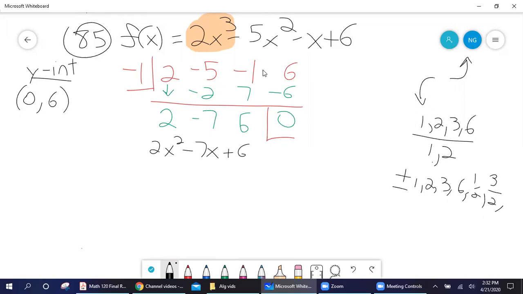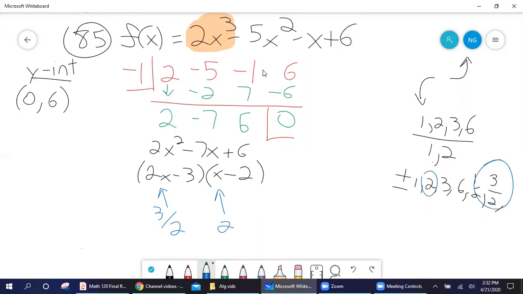That factors into (2x minus 3)(x minus 2). Using the zero factor property, that leads to solutions of 3/2 and 2, which, if you notice, were in my possibles.